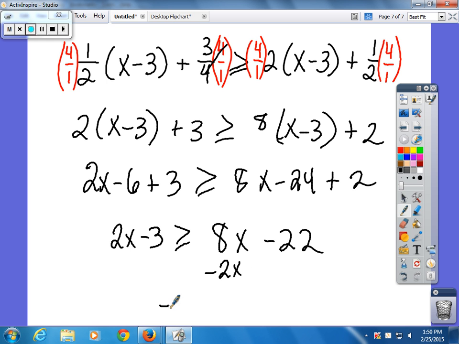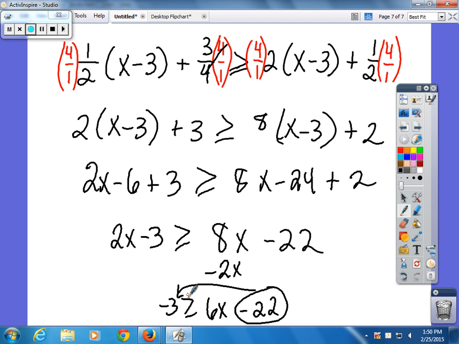So negative 3 is greater than or equal to 6x minus 22. What are we going to do with that 22? Take it across the river and it becomes positive 22. And what's negative 3? You owe $3 and you have $22. You have what? 19?